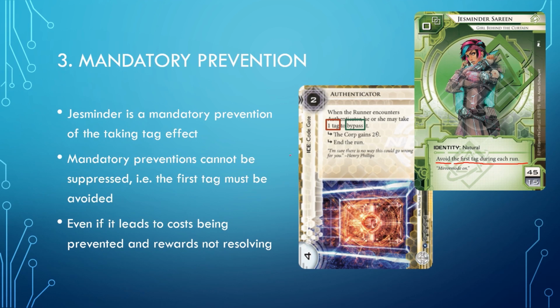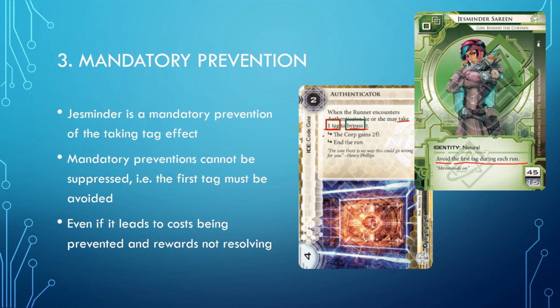This means that even if you end up avoiding a tag that is part of a cost, such as that on Authenticator. We see Authenticator says you may take a tag, this is the cost, to bypass something. This is the reward. Even if you really want the reward of bypassing Authenticator, you cannot choose to take the tag if it is the first tag you would avoid during the run.